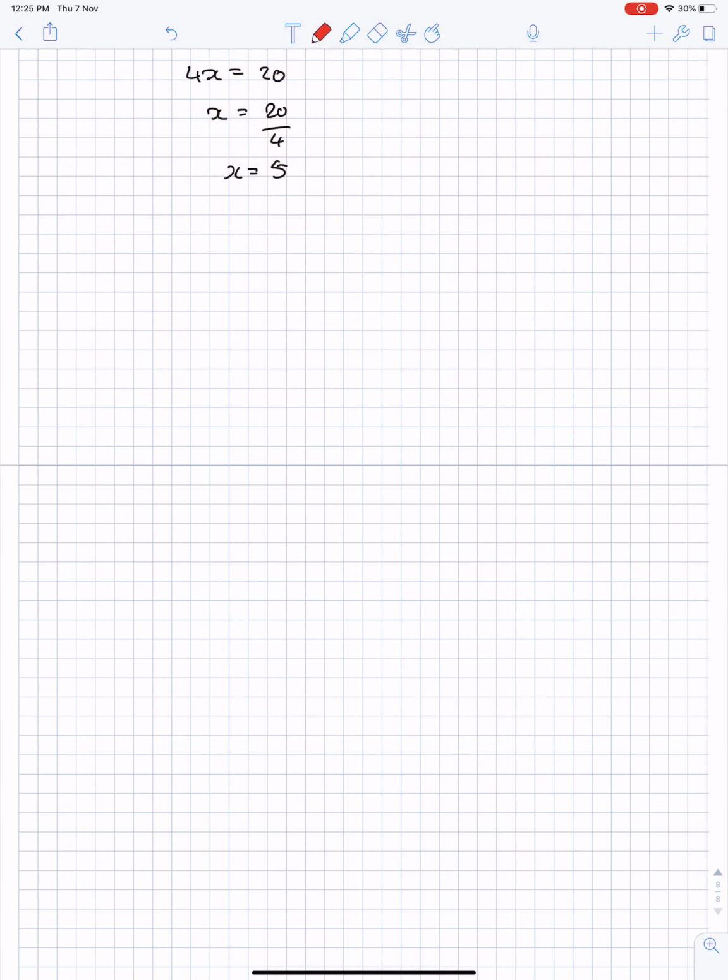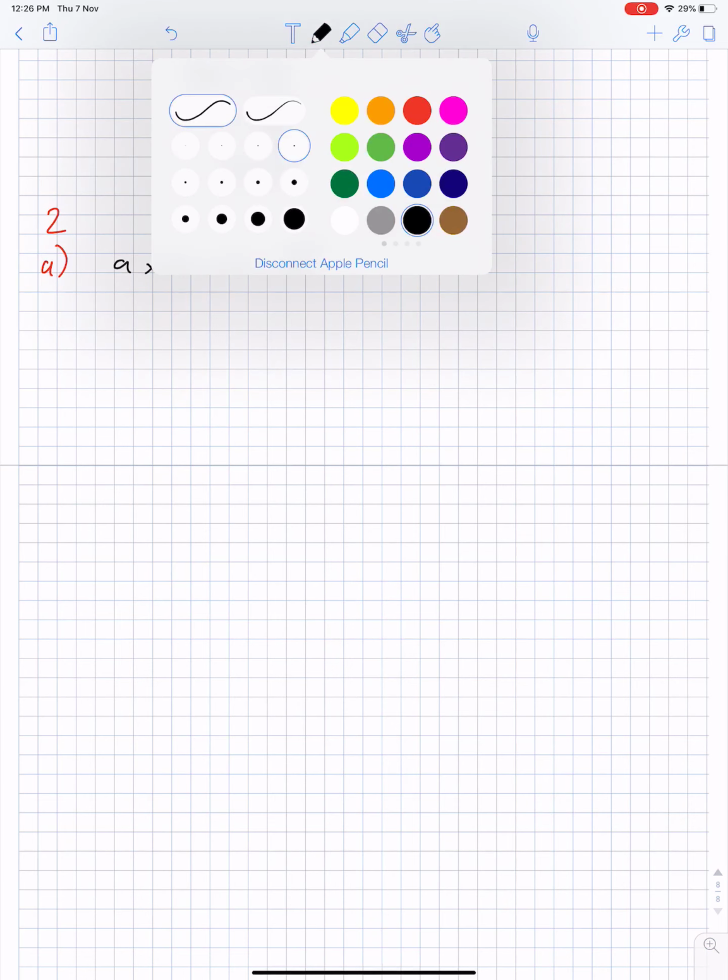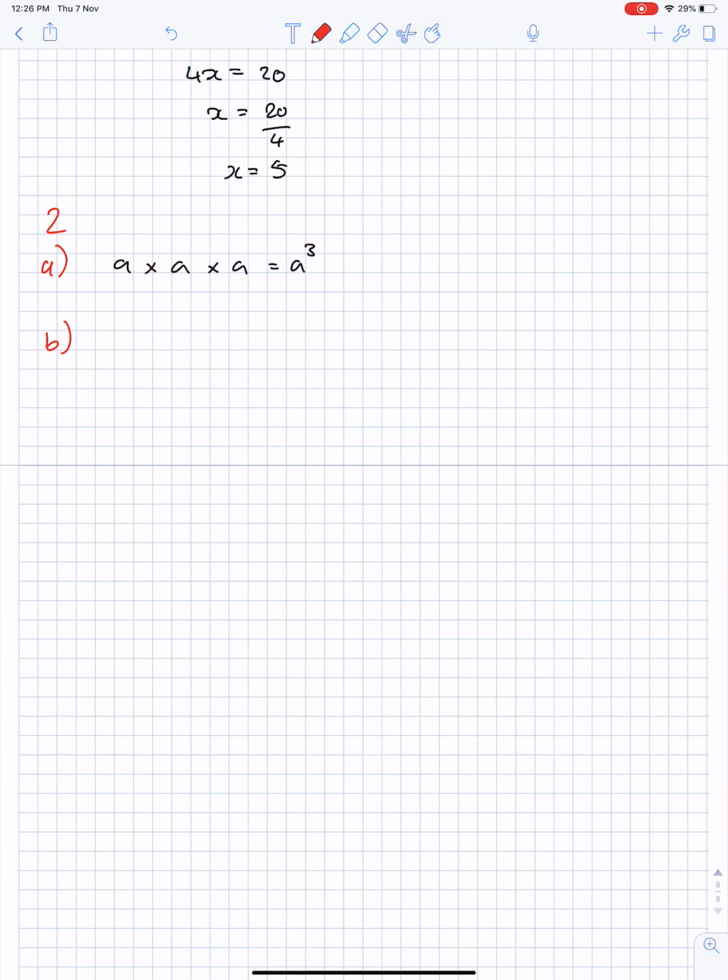Question 2. Simplify the following expressions. So a times a times a equals a cubed. B, 9r minus r equals 8r.